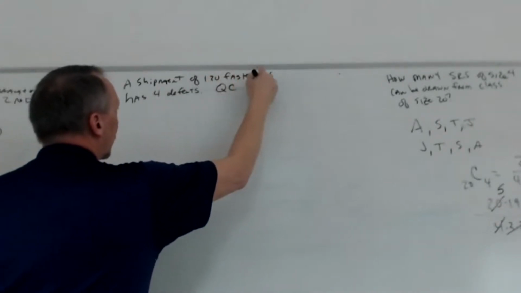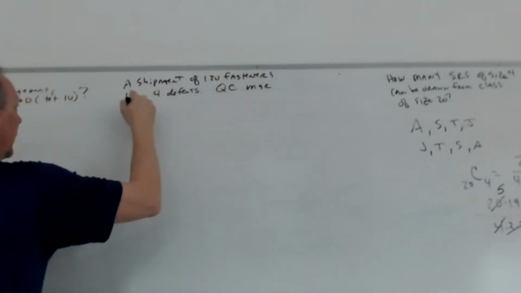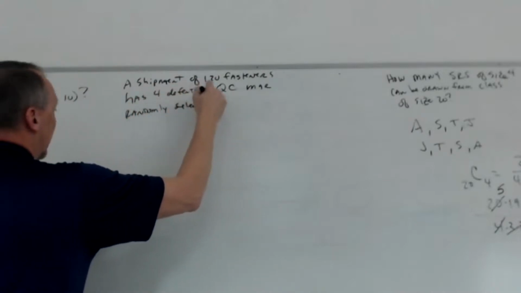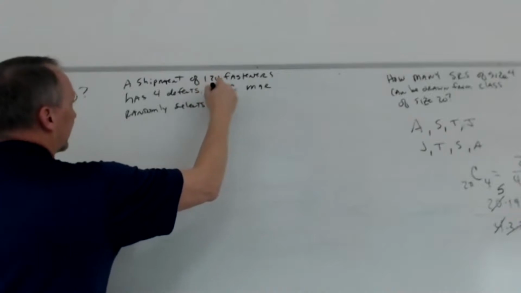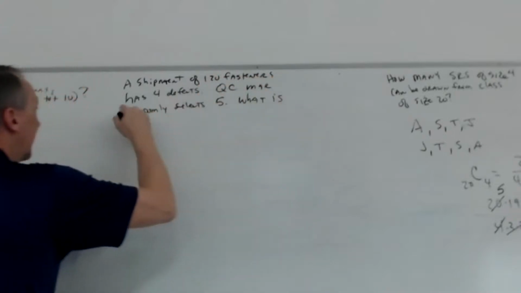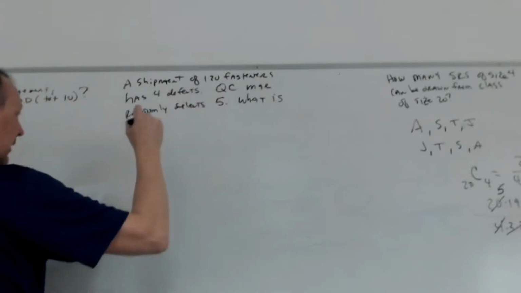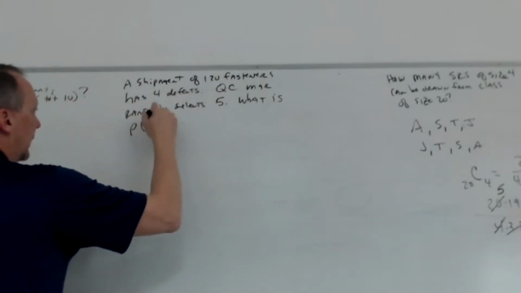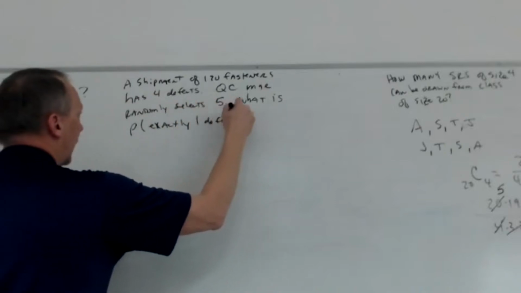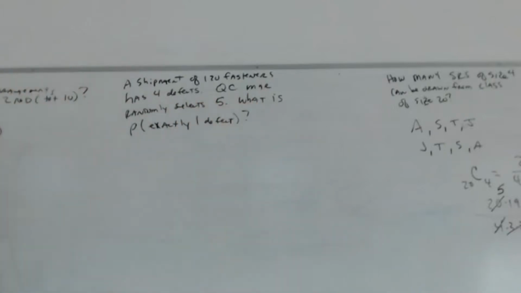A QC manager randomly selects 5. What is the probability that he gets exactly 1 defect?